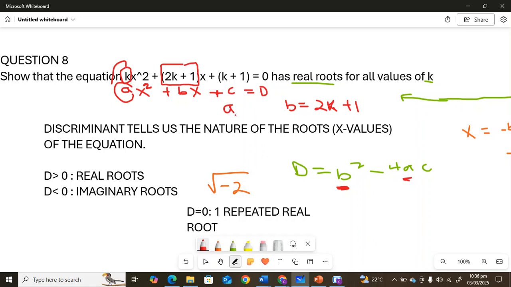Okay, so you're going to say a equals k. C equals k plus 1. Okay, c is the number without a variable, the constant. So c equals k plus 1.